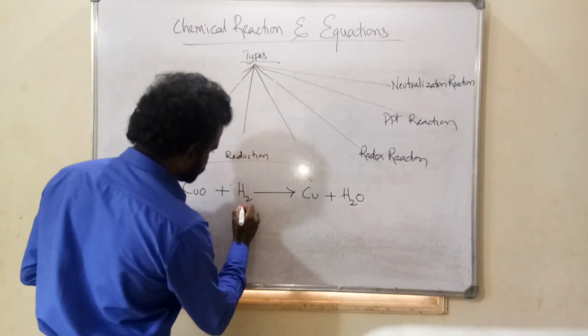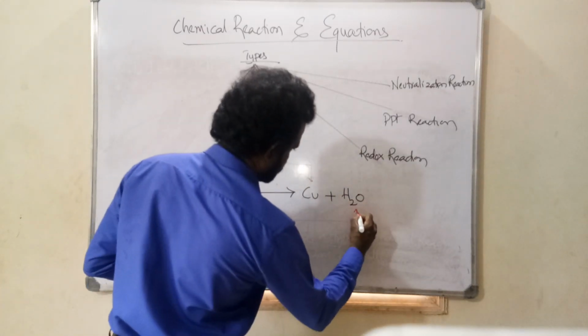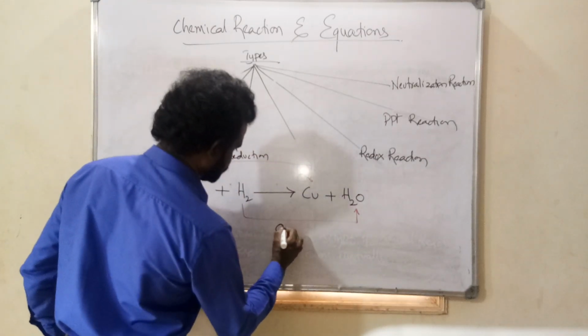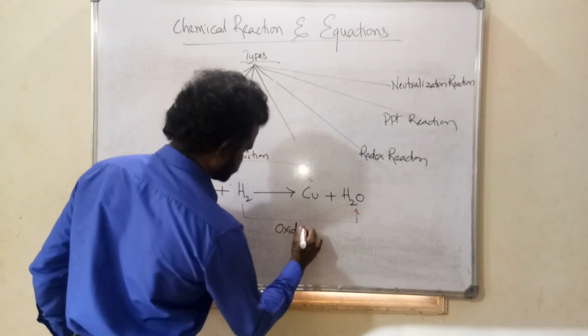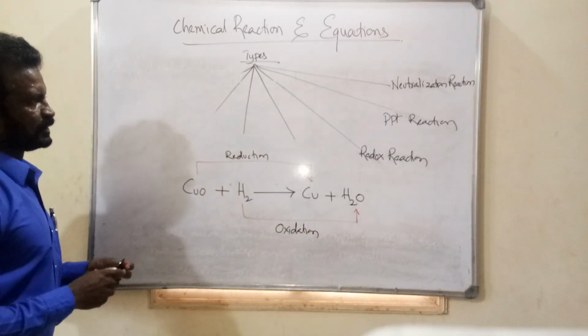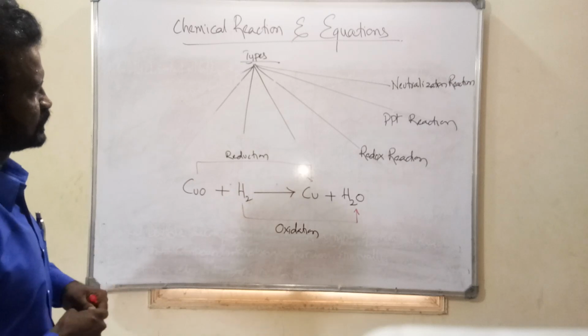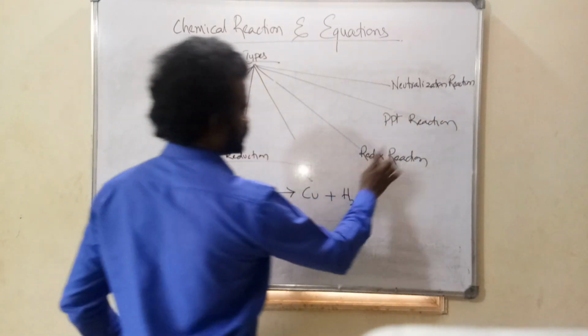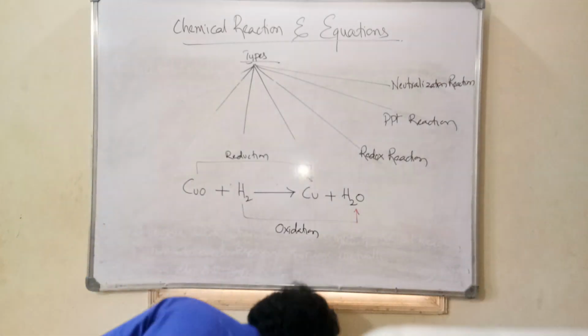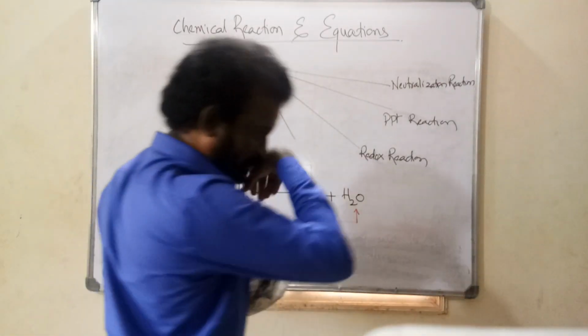Hydrogen is gaining oxygen. This is called oxidation. So these take place simultaneously in the reaction, and such a reaction is called a redox reaction. Is it clear now? Next, we will go to the precipitation reaction.